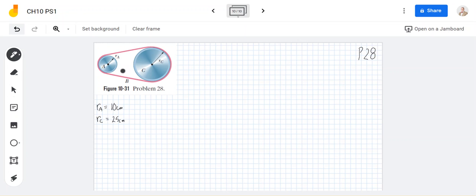But this is to find the time needed for wheel C to reach an angular speed of 100 revolutions per minute. So let's talk about that before we get started.